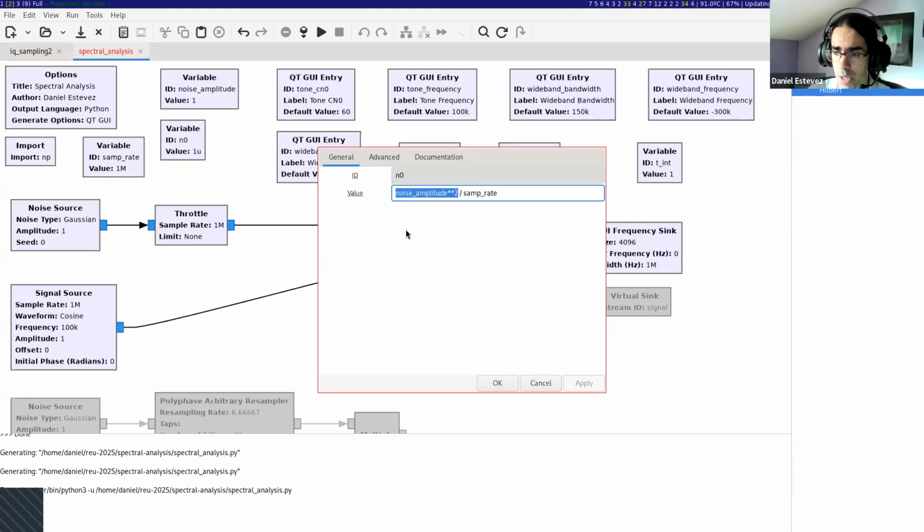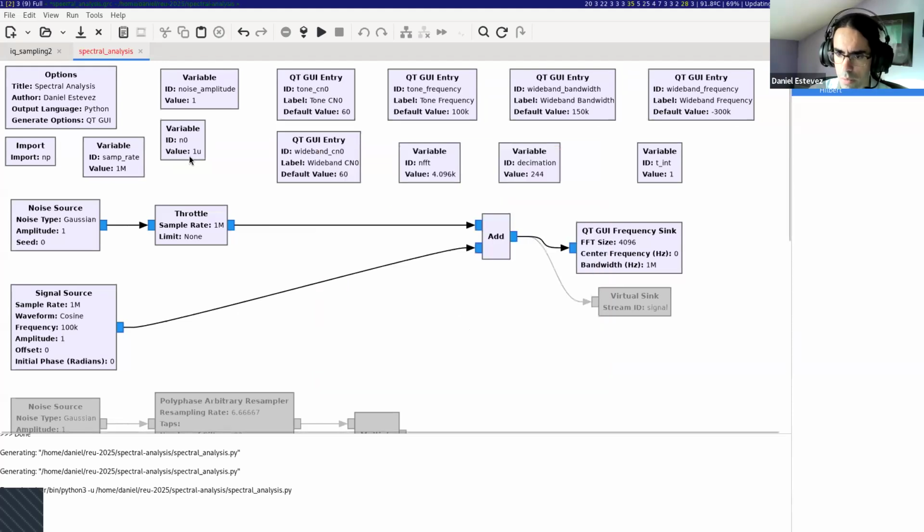So this is my noise power across the whole bandwidth that I'm generating noise at. And in this case, that's 1 megahertz, and that's my sample rate, which is 1 million. So the noise in 1 hertz is noise power divided by bandwidth in hertz, which is basically 1 divided by 1 million, which is this 10 to the power minus 6.